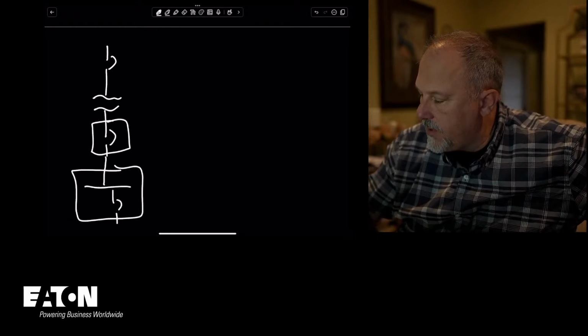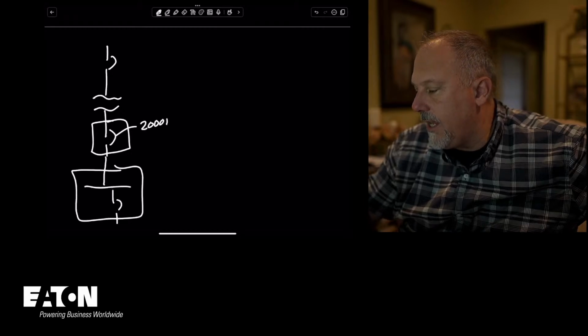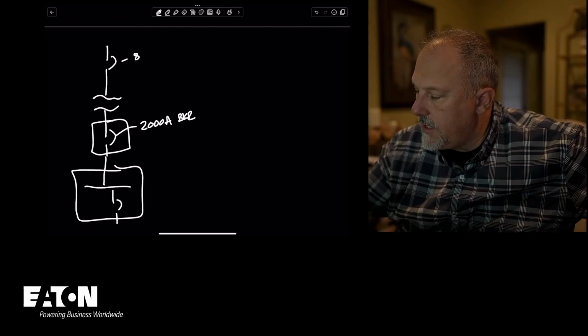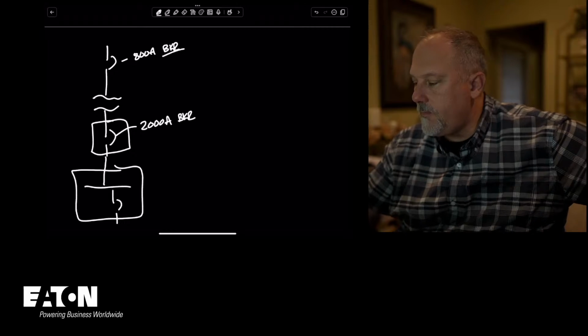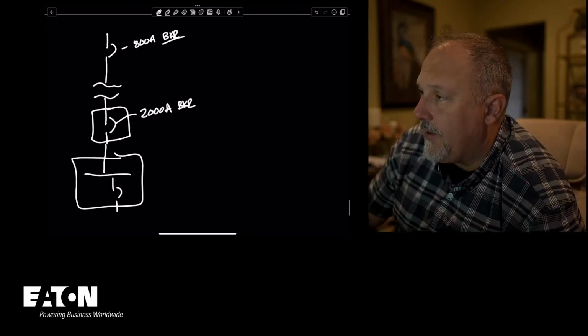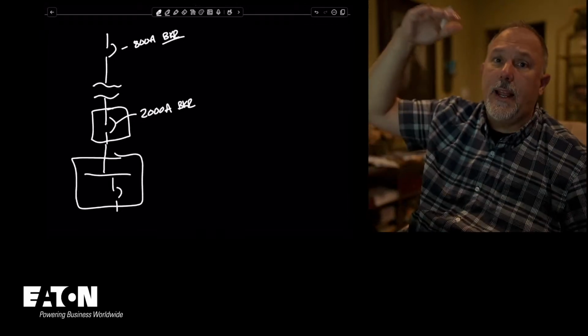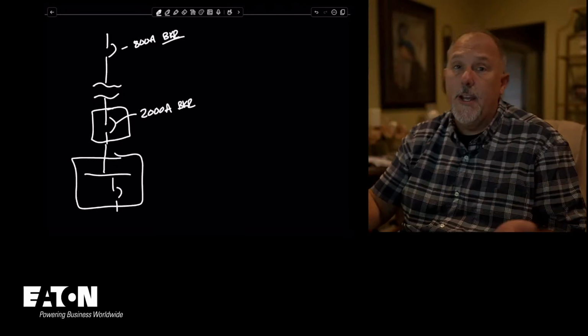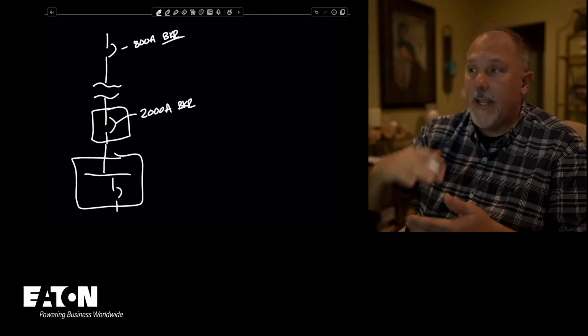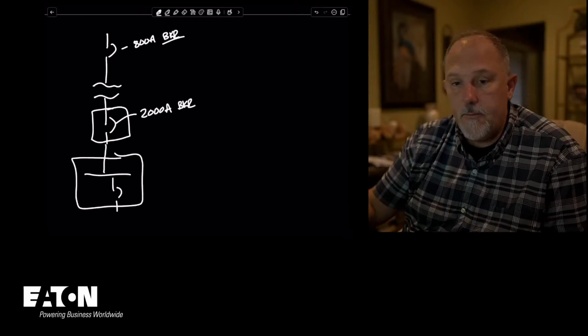So this is what I'm going to do, and this is going to be a 2,000 amp breaker. And this is still an 800 amp breaker. Now, if I take that 800 amp to anything larger, which I can go up to 250%, my incident energy will just go up.